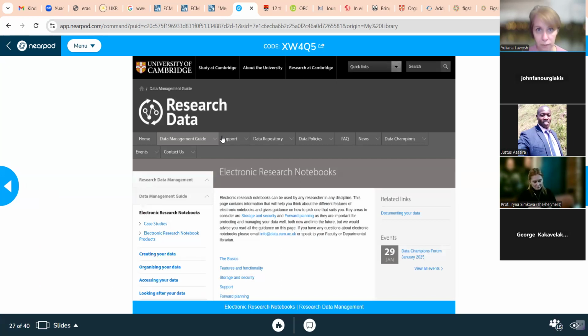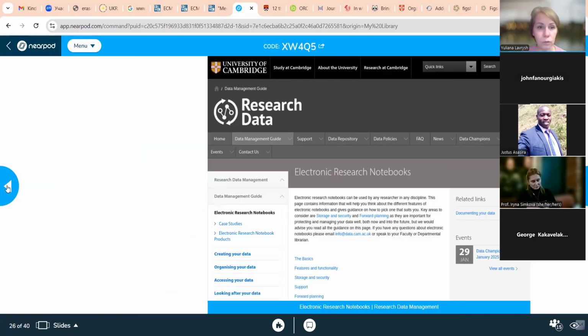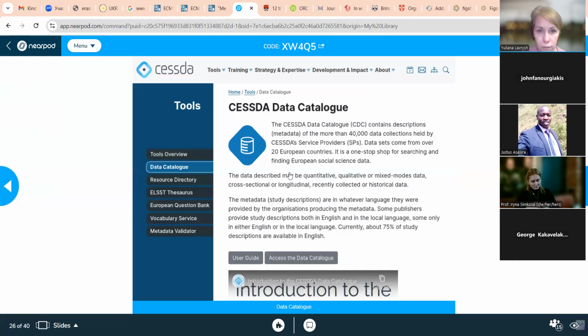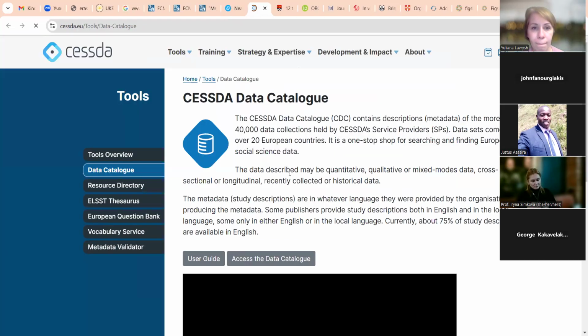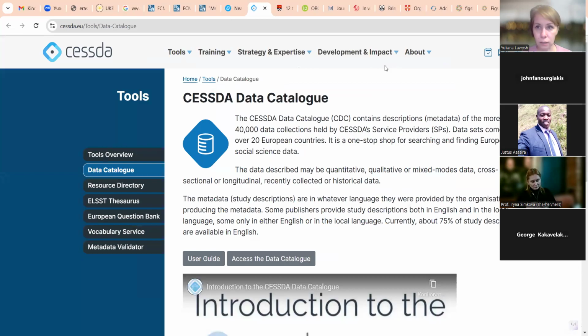Another website, another platform where you can also find and upload necessary data. I cannot do it right now because you have to create your account first. And then using these filters and the search option, you just click here and enter whatever you want. For example, let's do it here with this data catalog.